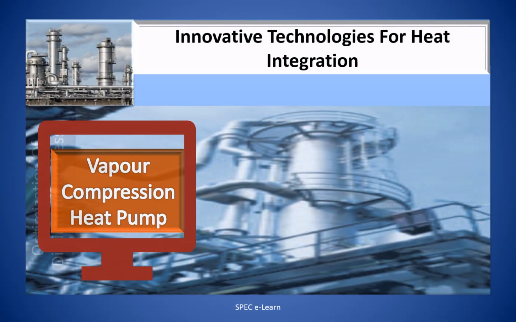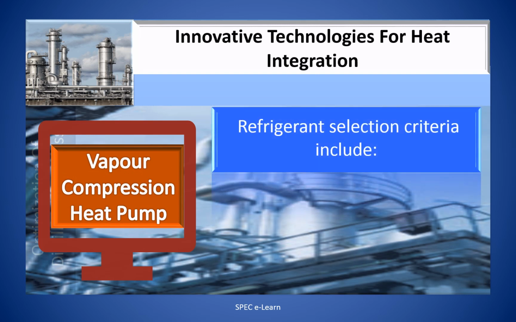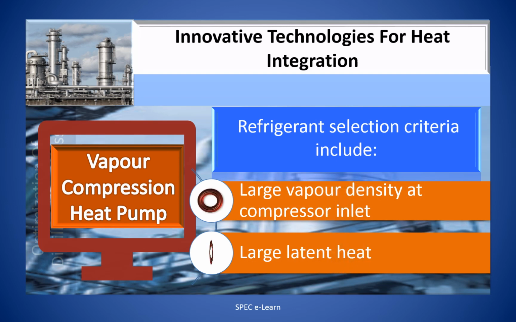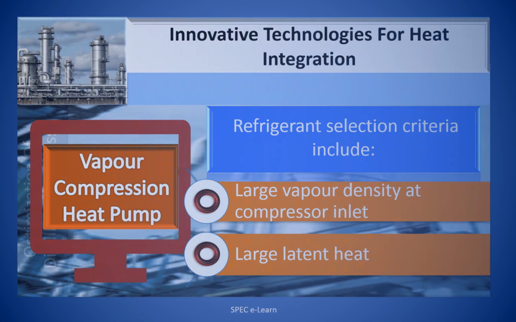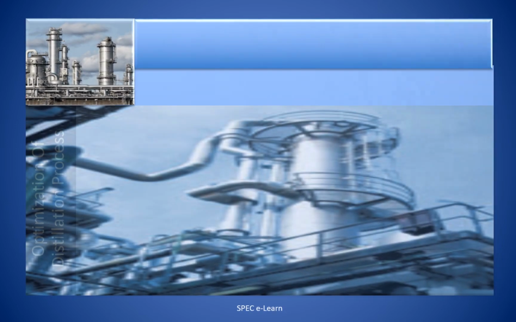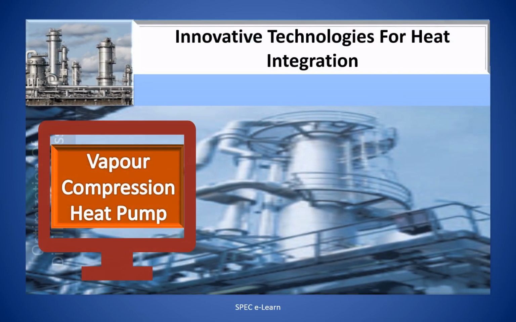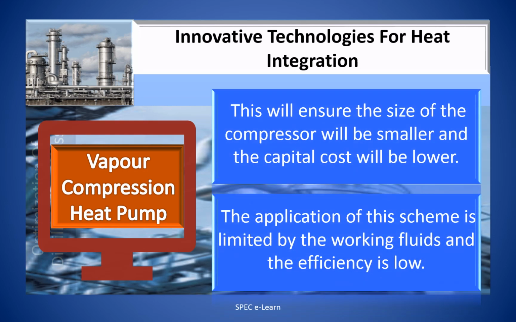The refrigerant selection criteria include large vapor density at compressor inlet and large latent heat. This will ensure the size of the compressor will be smaller and the capital cost will be lower. The application of vapor compression scheme is limited by the working fluid and the efficiency is low.